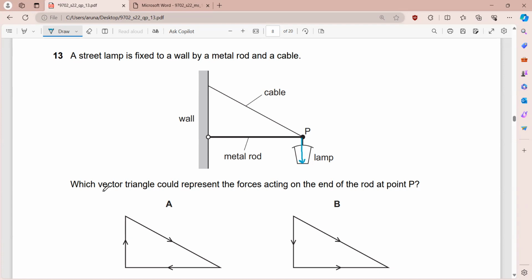Okay. Now let's see what they're asking for. Which vector triangle could represent the forces acting on the rod at the point P? So we're going to assume that this whole thing is going to be in equilibrium. So the lamp is stable and none of this is falling off, right? That's what is meant by equilibrium.